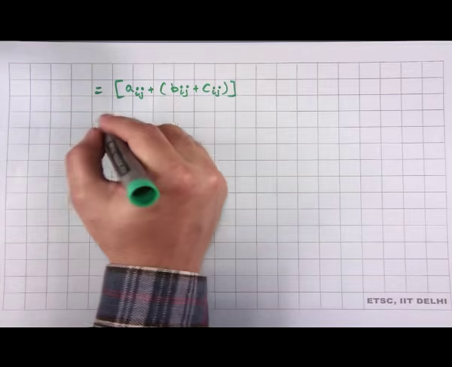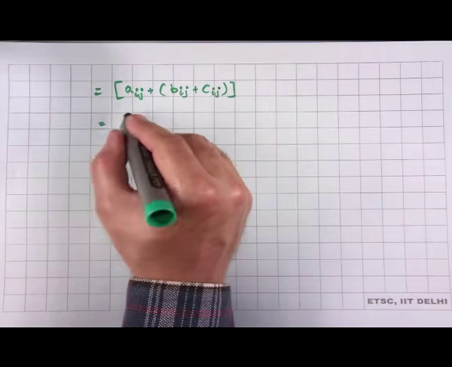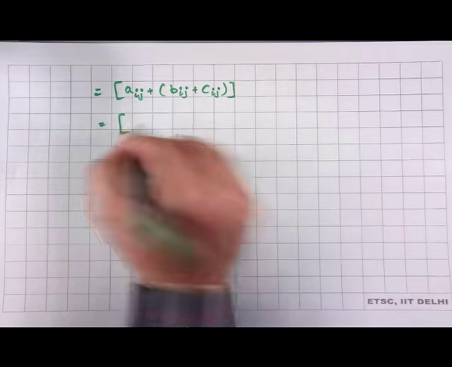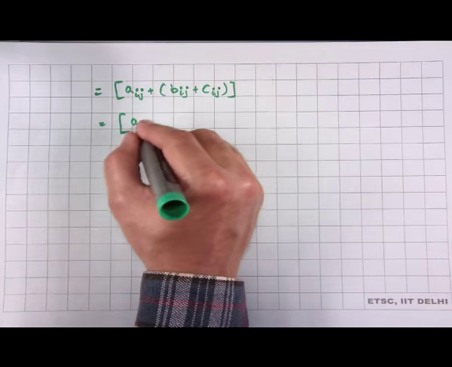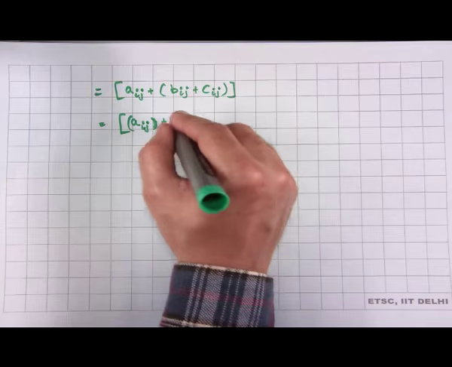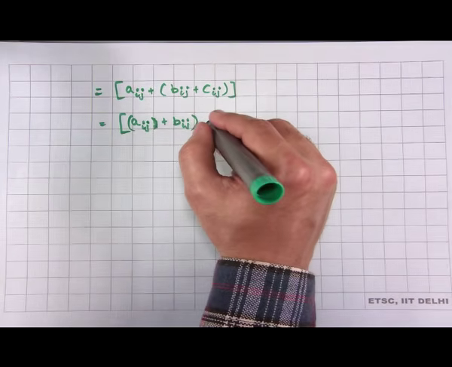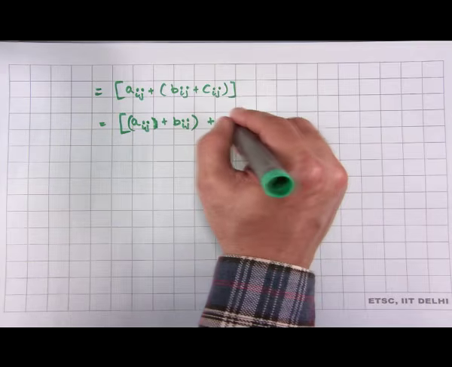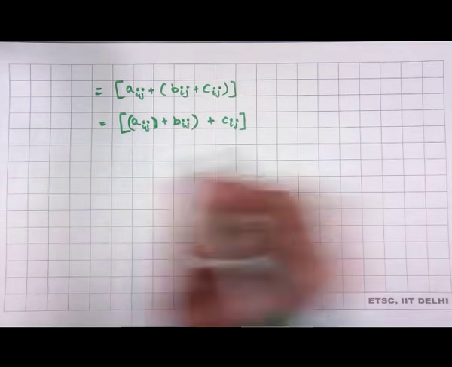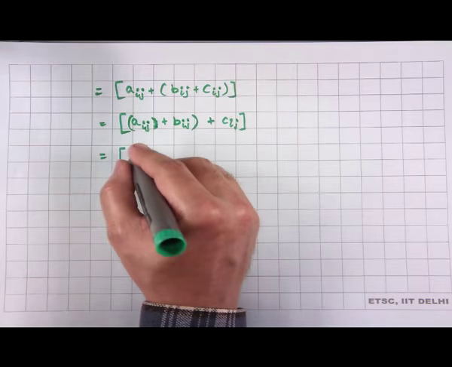Whether they are real matrices or complex matrices, we know that addition is associative and therefore this is the same as (a_ij plus b_ij) plus c_ij. Now, let us again use the definition of the addition of matrices and split this.